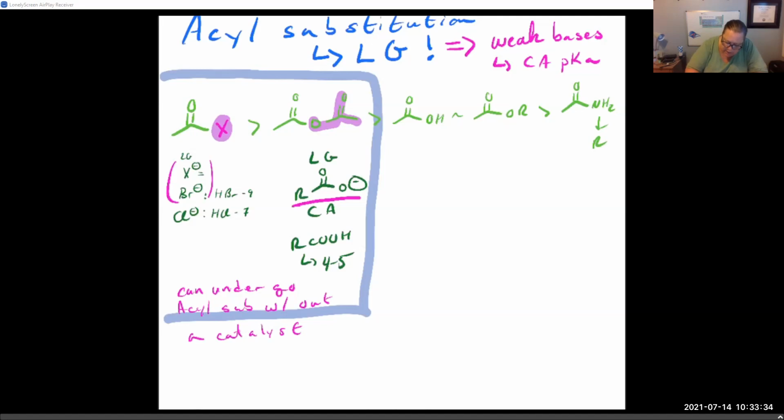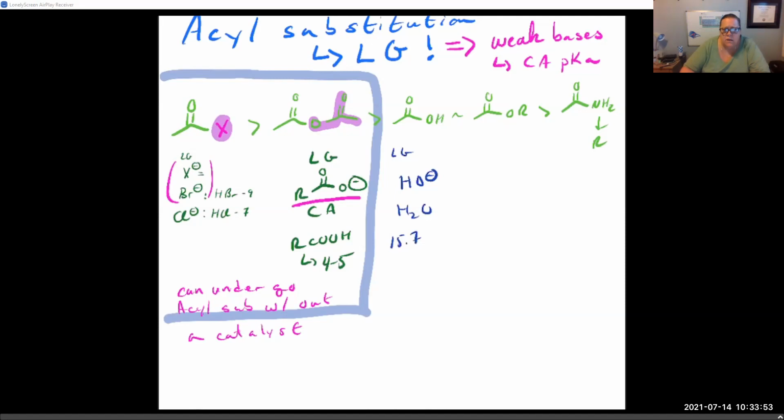The rest of these need to be catalyzed. And so when I look at the leaving group for my carboxylic acid, what is it? Hydroxide, right? Horrible. Its conjugate acid, of course, is water. Its pKa is 15.7. Yucky.